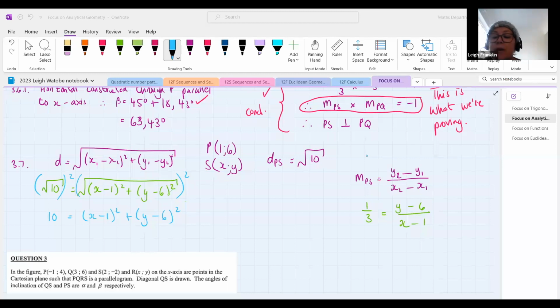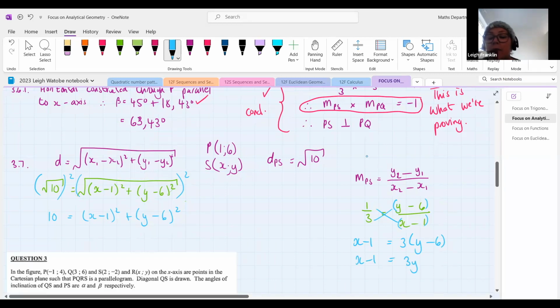So I'm going to put brackets around that. We're going to cross multiply this way, and we're going to cross multiply that way. So we'd end up with X minus 1 is equal to 3 into Y minus 6. Absolutely. And now we would be distributing, Teddy. Okay, so X minus 1 equals 3Y minus 18.